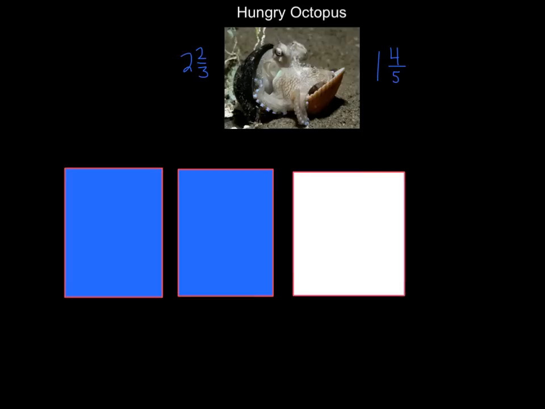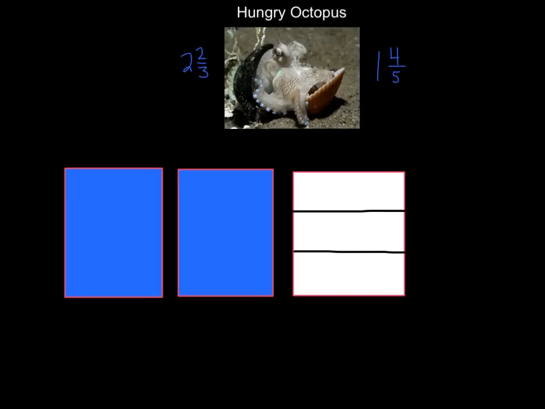So now I've got 2/3, which the denominator tells us we got to break this into 3 parts. So 3 parts means I'll draw 2 lines. So I'll do that right now, and I'm going to just draw one line right here and another line right here, and that will give me 1, 2, 3 parts.